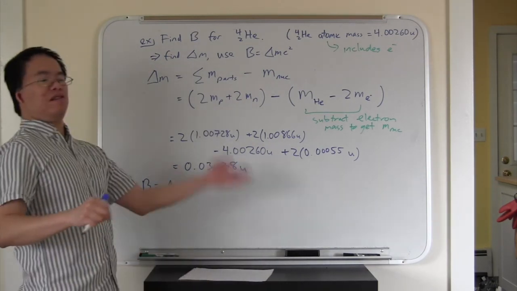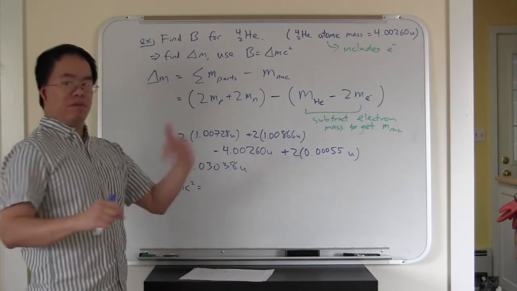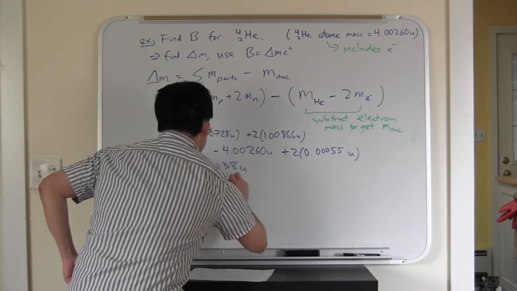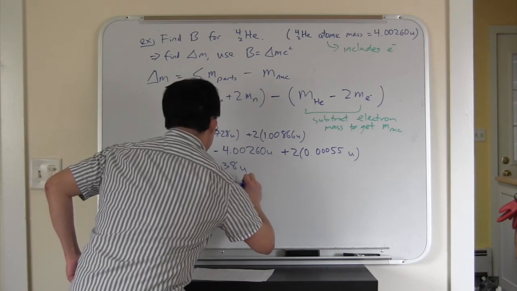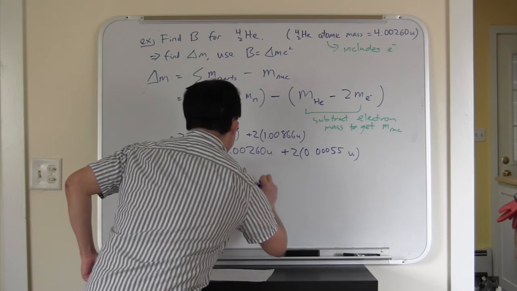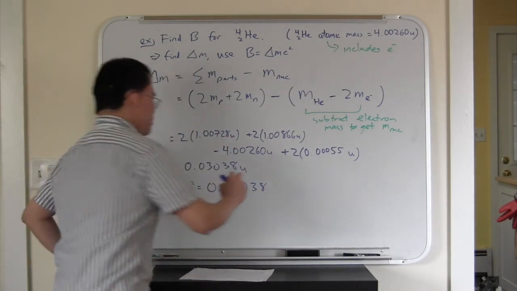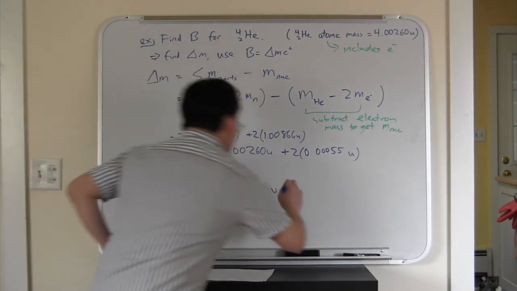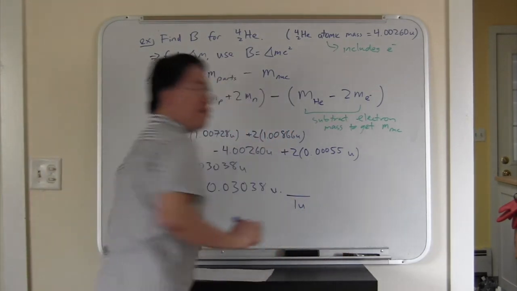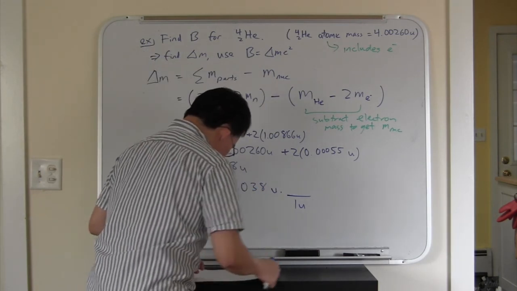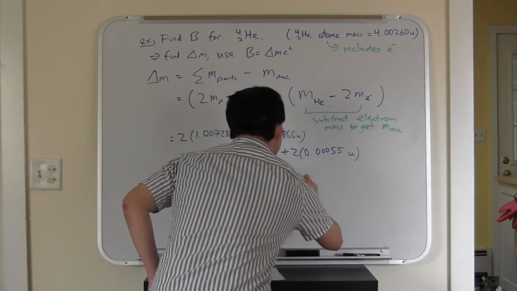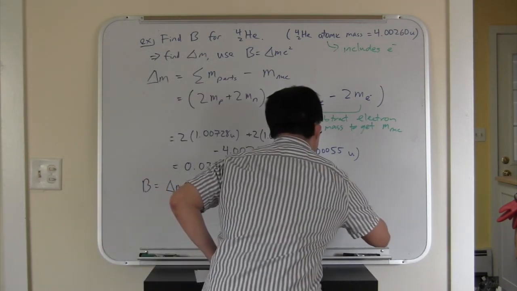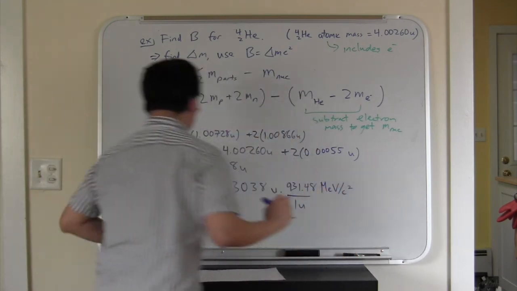The easiest way is to put in u in MeV per c squared, so 0.03038 u, where we know that one u is 931.48 MeV over c squared.